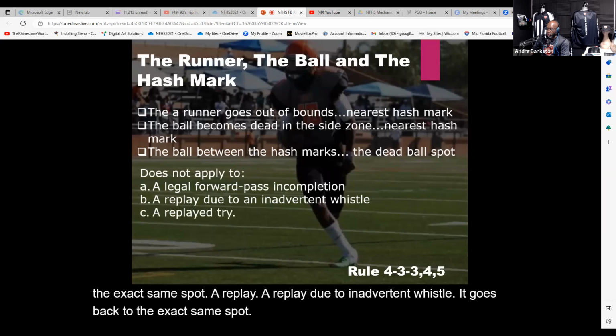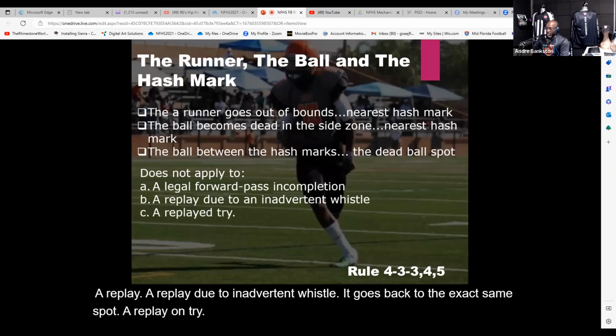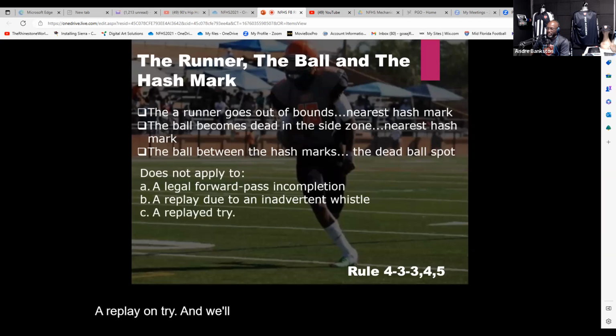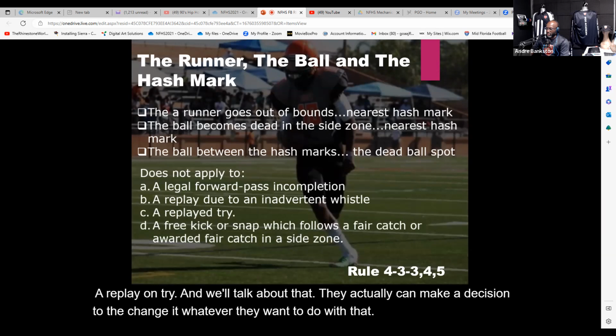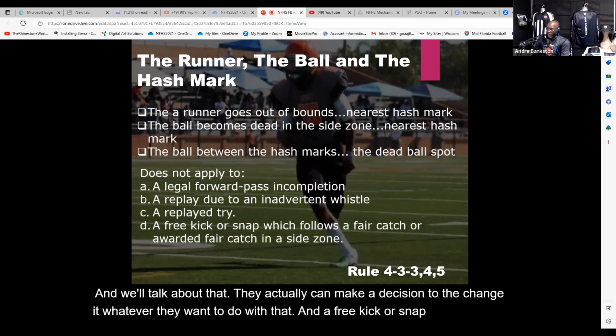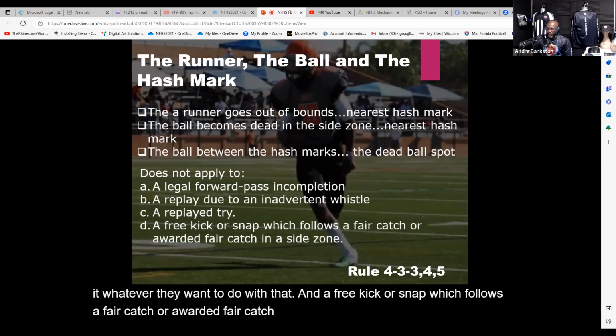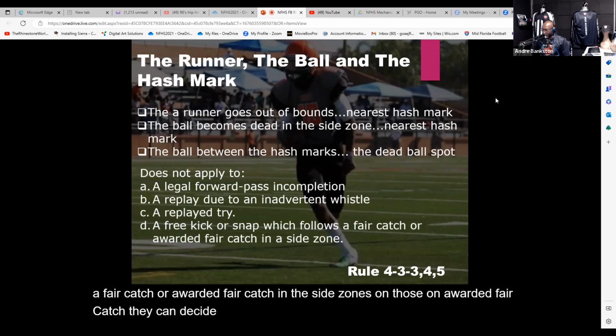A replay on a try, we'll talk about that. They can make a decision to change it, whatever they want to do. And a free kick or snap which follows a fair catch or awarded fair catch in the side zones. On an awarded fair catch, they can decide any way they want to put it.